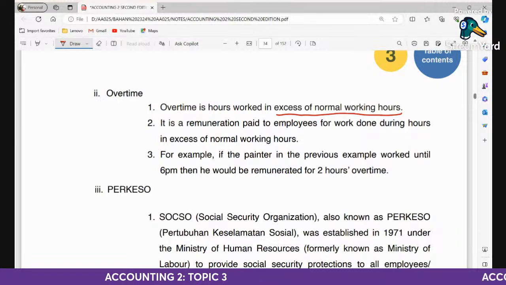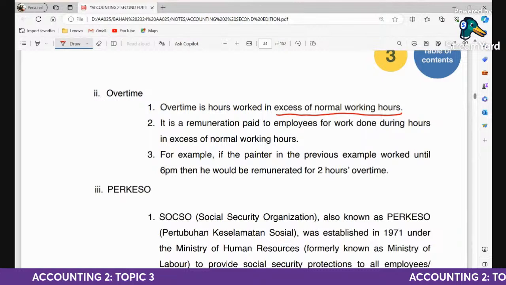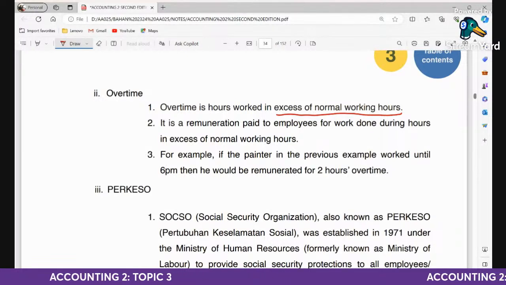Okay, so whenever the overtime is paid to direct labor, itu tetap dipanggil direct labor cost walaupun dia overtime, sebab pembayaran itu dibuat kepada seorang pekerja yang terlibat secara langsung dengan pengeluaran.